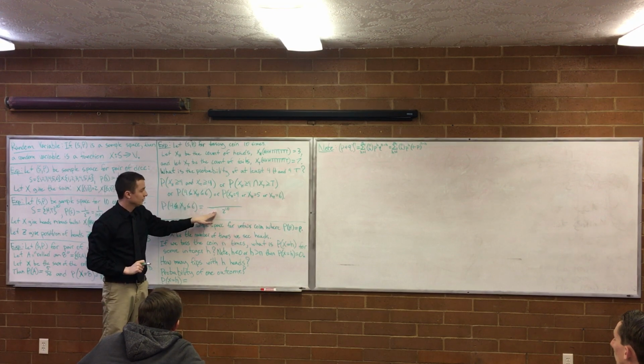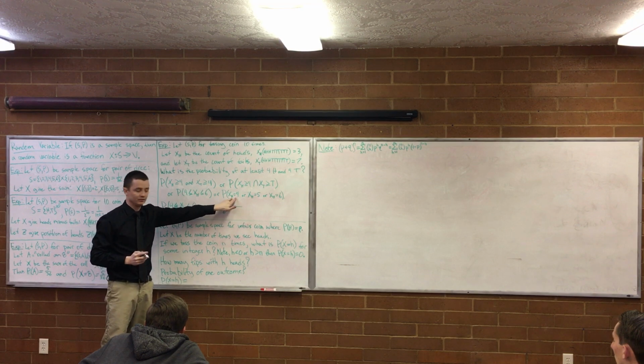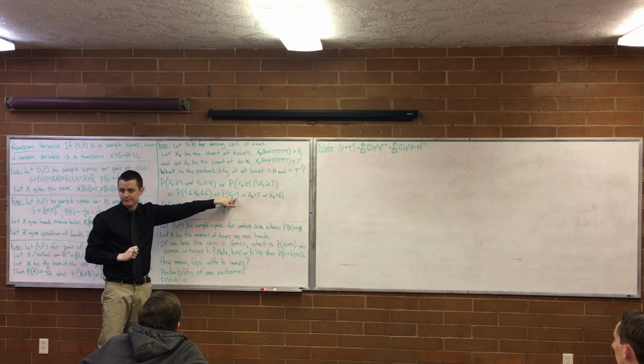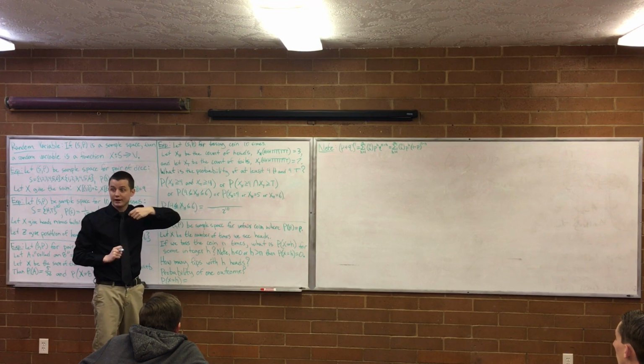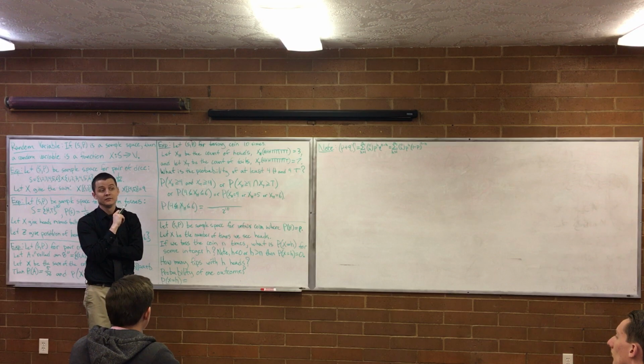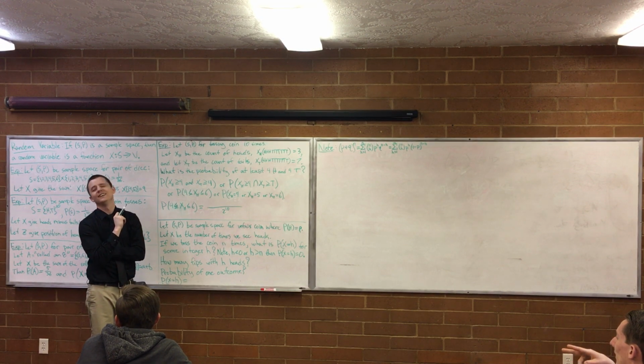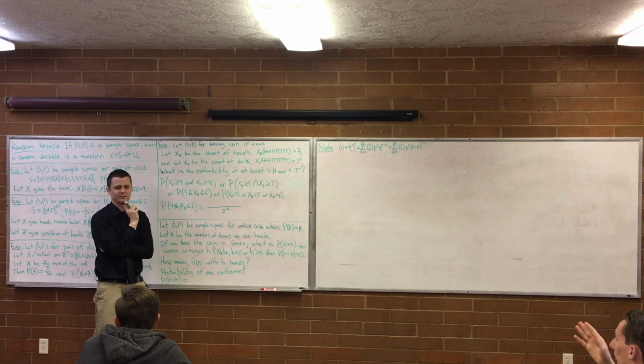So, we're calculating the probability. How many of our coin flips have exactly 4 heads? How many ways can I get exactly 4 heads in 10 flips? Exactly 4, 6 to the power of 2, or 2 to the power of 6.